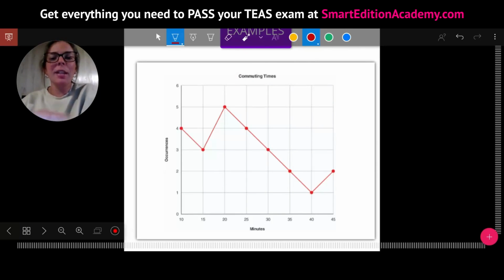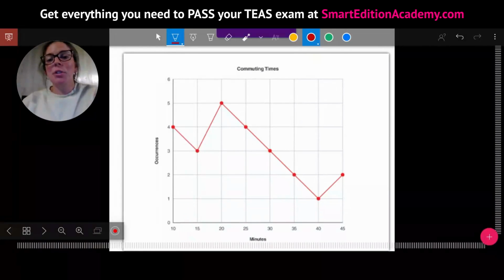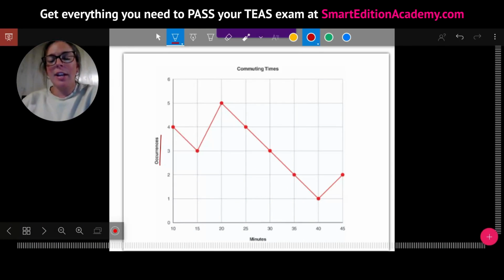So in this specific one, let's keep a pretty basic question here to analyze this. Which commuting time happened the most? I'm looking for the one that happened the most amount of times, or had the most occurrences. So I'm looking at the vertical axis, trying to find which point on my graph is the highest.